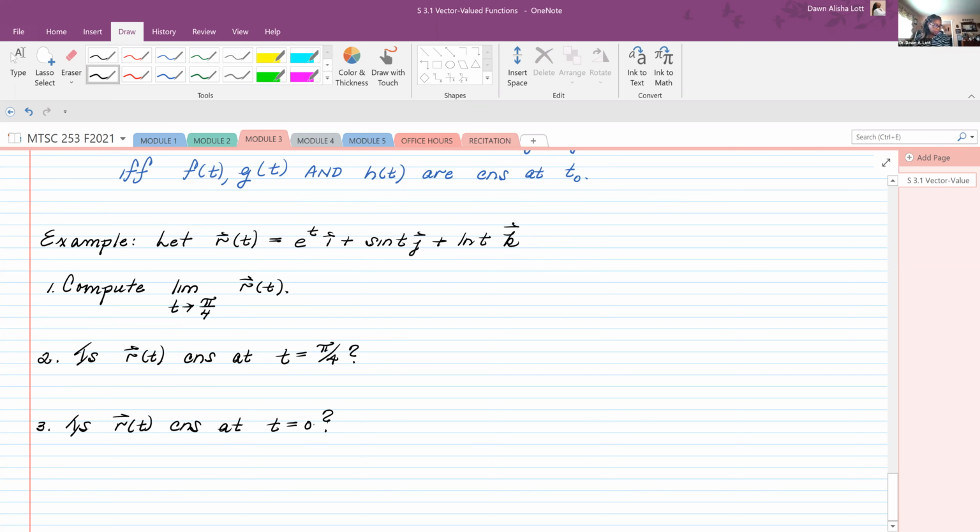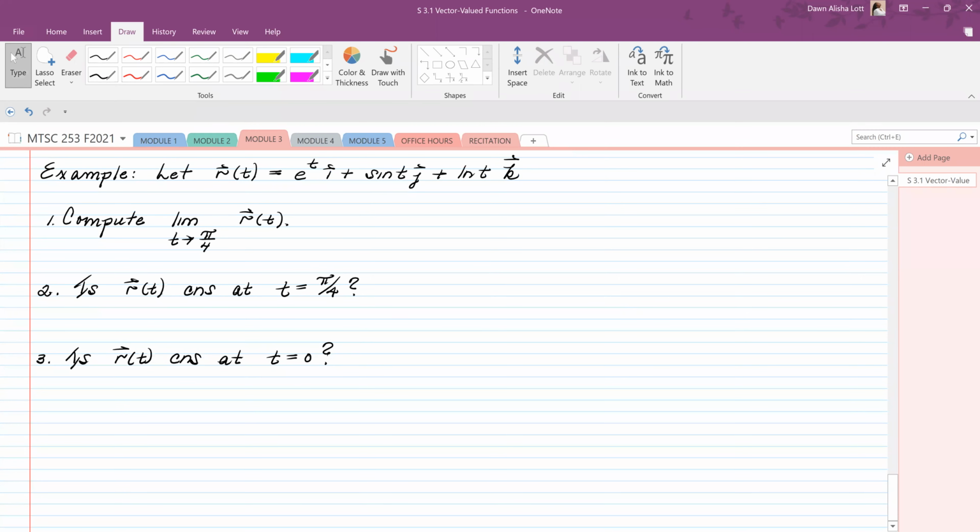Okay, so how do you do this problem? So wouldn't you just plug in pi over 4 for the t? All right, so in number one, you're right, you would just get r of pi over 4.